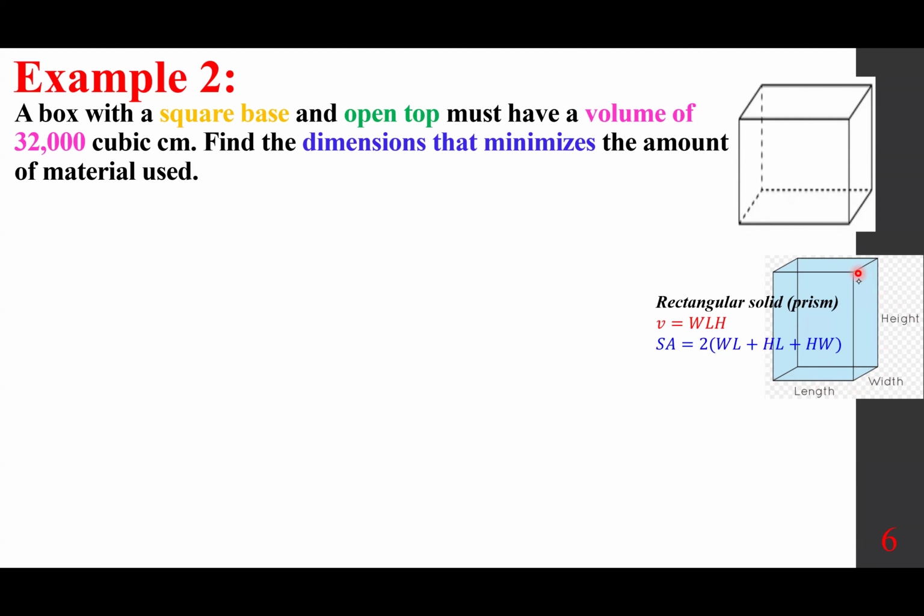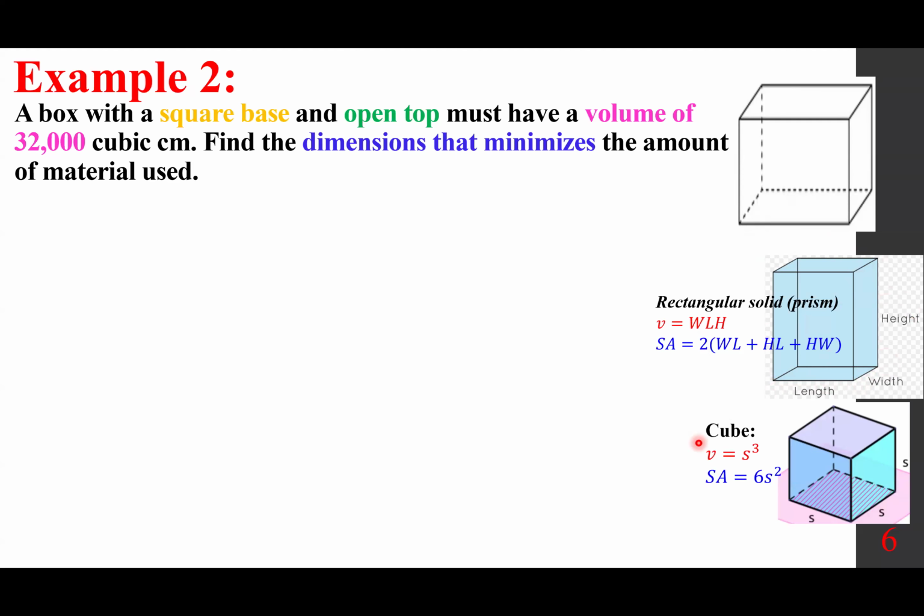If all sides are identical, we call it a cube, in which case the volume is s cubed and the surface area is 6s squared. Now, in this case, it's a square base, so x by x by h.